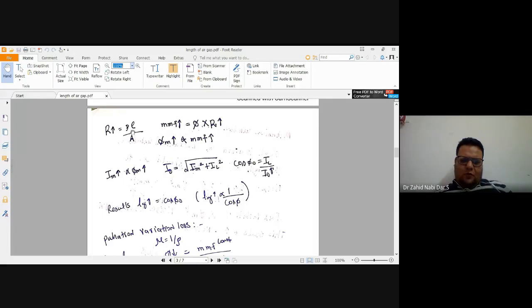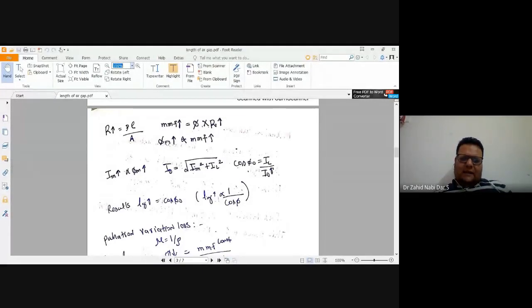Your MMF is equal to flux into reluctance. So if the flux is constant and you increase your reluctance, your MMF increases. Now if your flux increases, your MMF increases. So this will happen. Your flux is what?